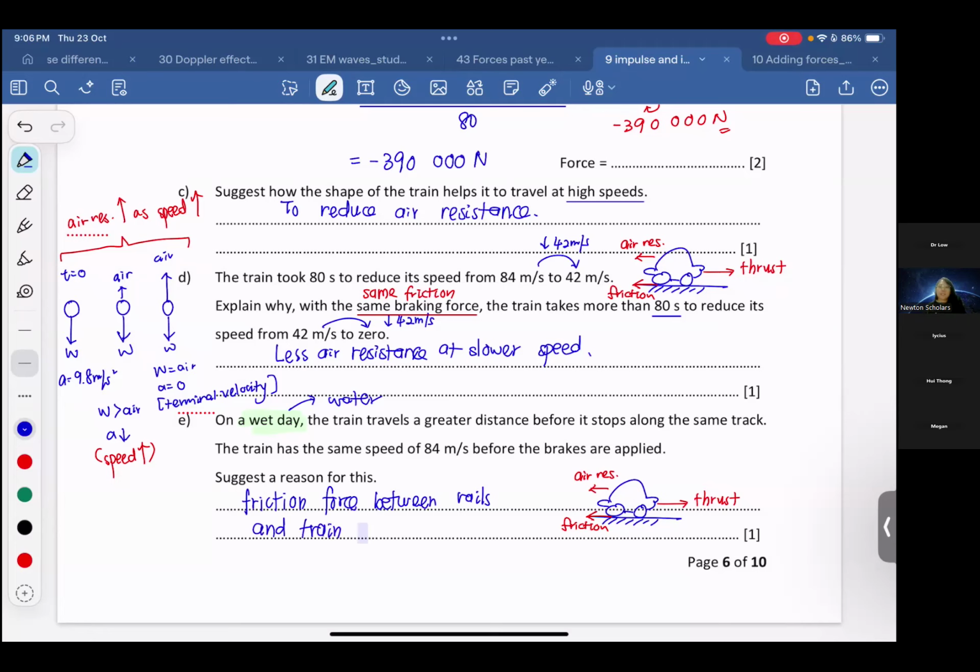Tell me. Become more or less. Crystal, let me check. More friction? We turn less friction? So which one? On a wet day, can you run? We will say, don't run. Why? Actually, friction will become less. Your shoes find it hard to grip on the surface, so less friction.